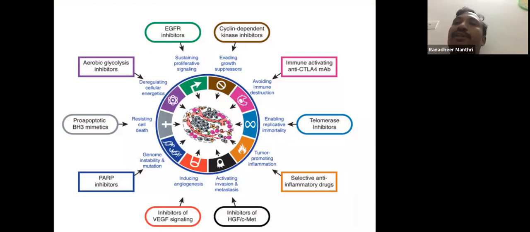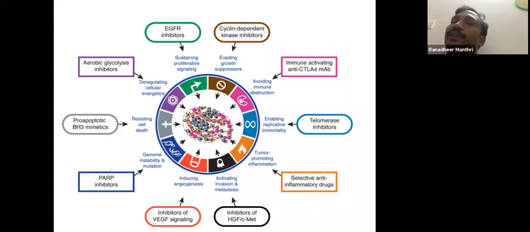So these are the different things. What I mean to say, hallmarks of cancer, which we have dealt with in detail. EGFR inhibitors, cyclin-dependent kinase inhibitors. EGFR inhibitors target sustained proliferative signaling, and cyclin-dependent kinase inhibitors avoid growth suppressors. Avoid immune destruction, immune activating anti-CTLA4 monoclonal antibodies.